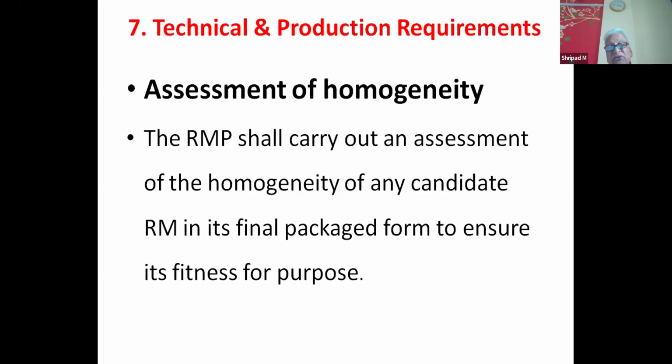That means once you prepare all this reference material, you cannot assess the homogeneity at this stage. Suppose you have prepared a batch of 100 vials or 100 packs of a particular reference material or certified reference material. So 100 bottles, ampules or vials, whatever it may be, numbered 1 to 100.